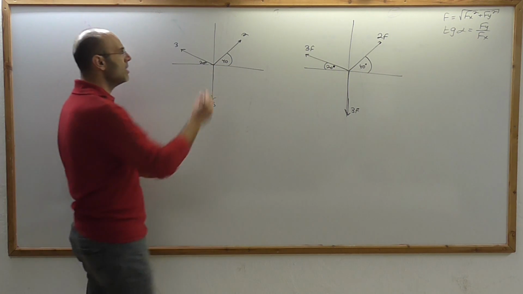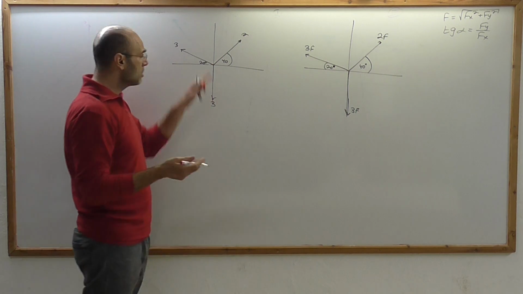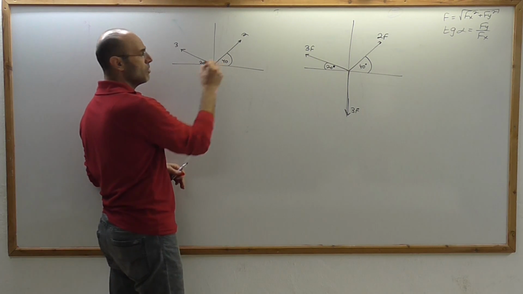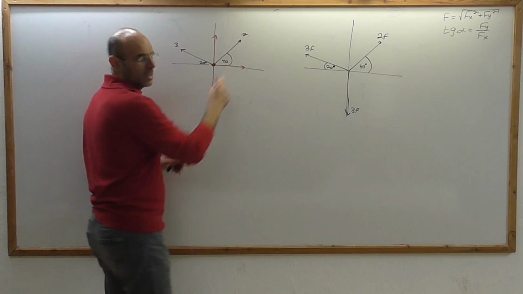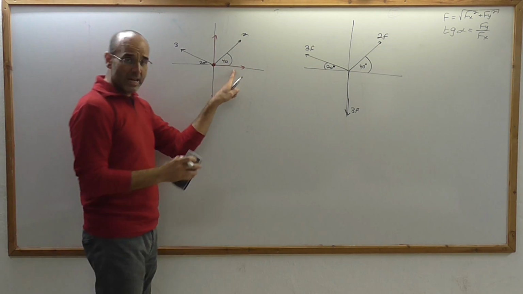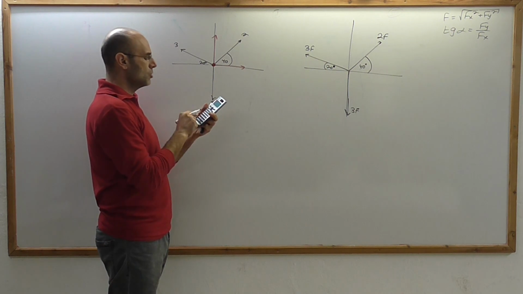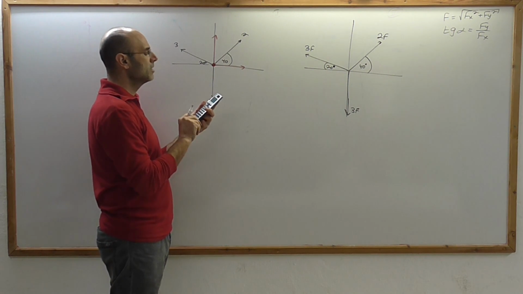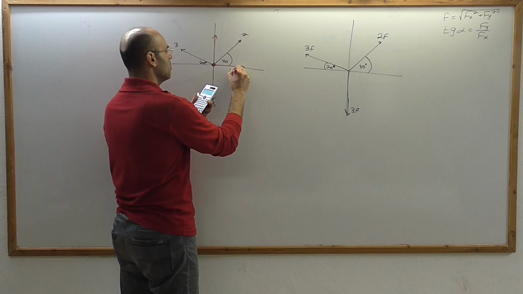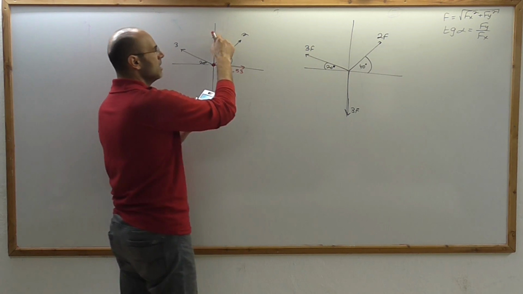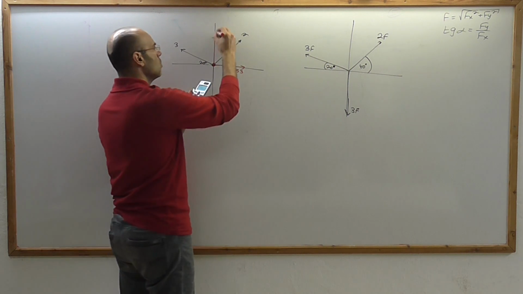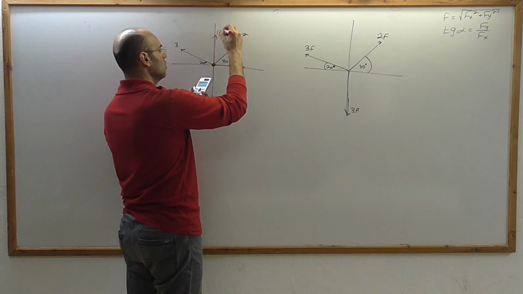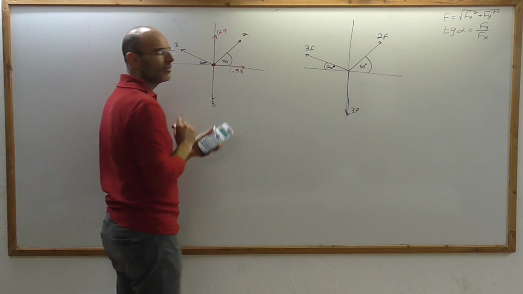Let's see what we are talking about. Okay, again we want the resultant force that the ball will feel. I break it, this one and this one. This one will get the cosine, so 2 cosine 40 is 1.53. This one will get the sine, 2 sine 40, 1.28529.